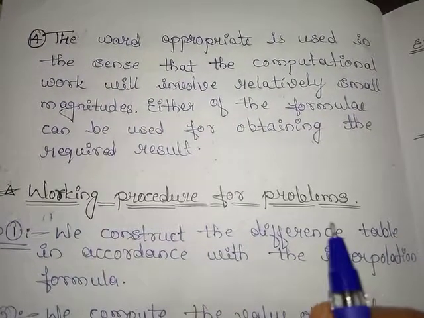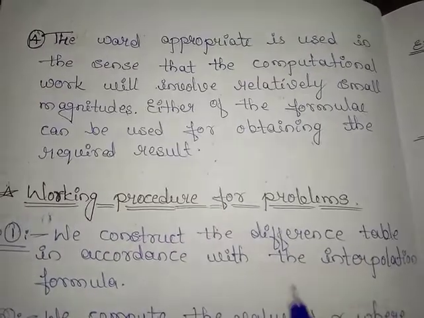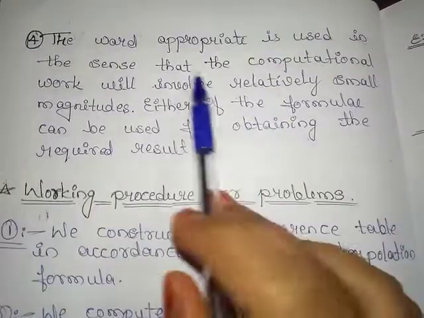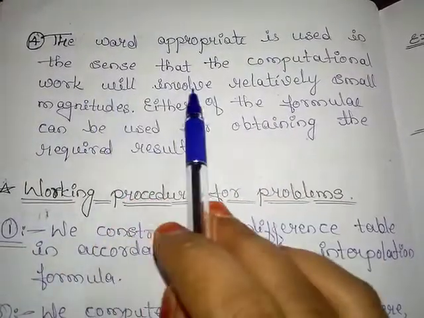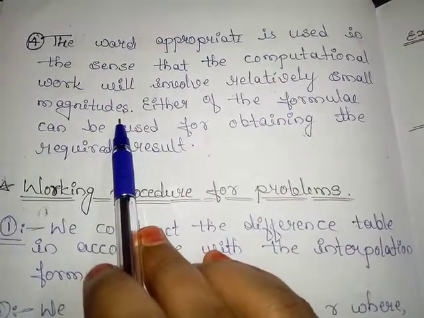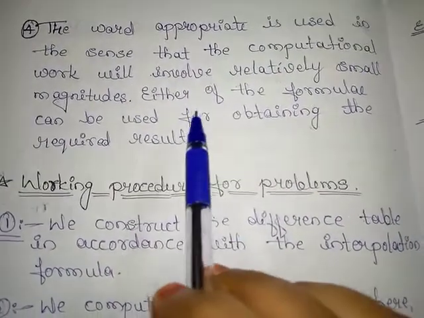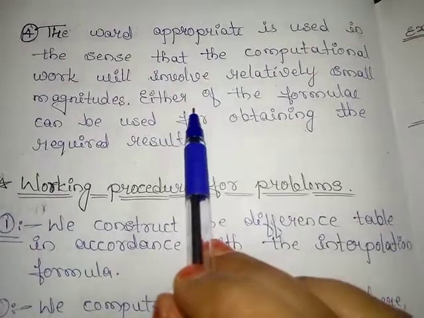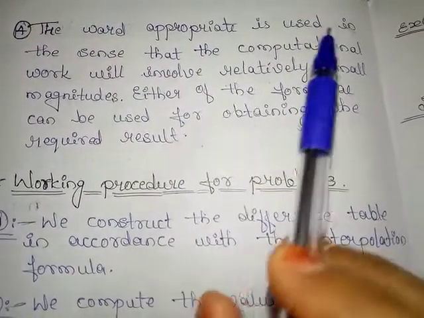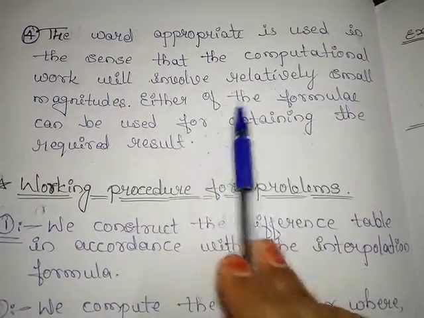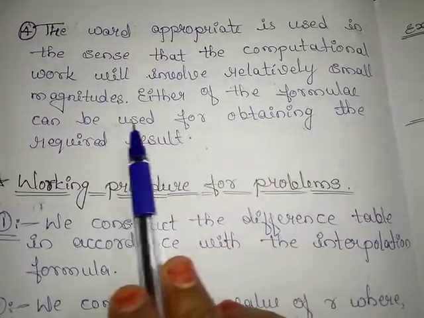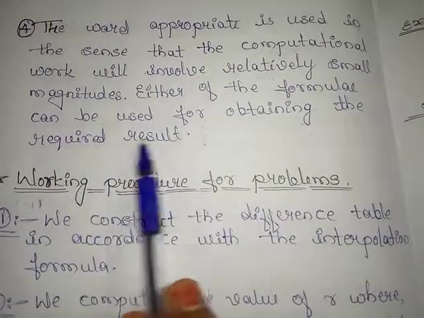Those 2 points are only for our convenience. Computational work will involve relatively small magnitude, means to avoid the difficulty, for easier calculation they are given those 2 points.